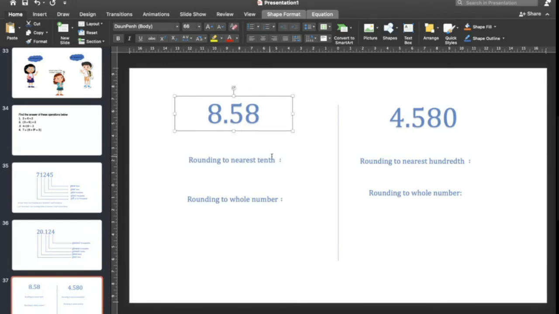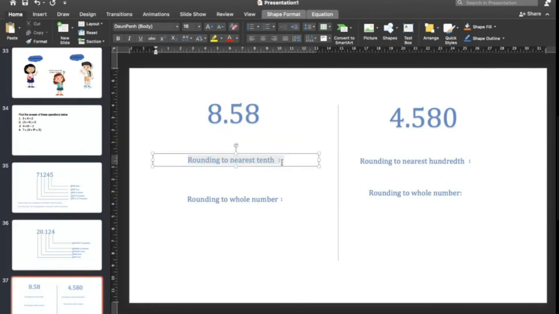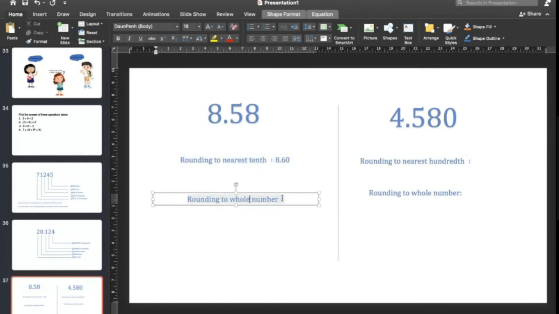Because the nearest 10 means tenths in Khmer, so we look at the hundredths digit, number 8. So we round it up, and the answer is 8.6. How about rounding to the whole number? 9.